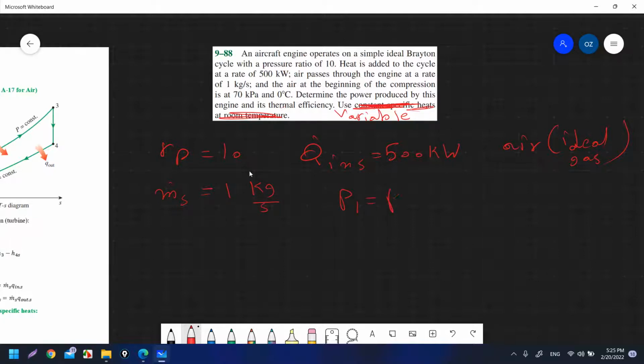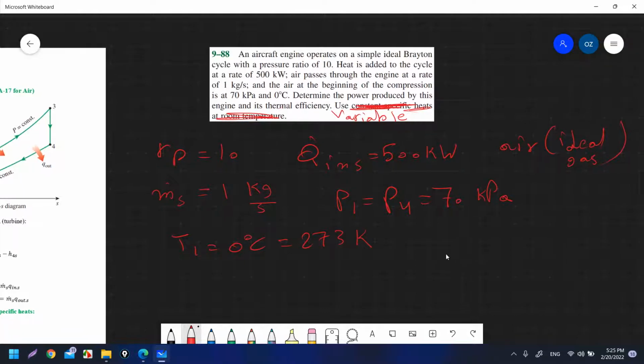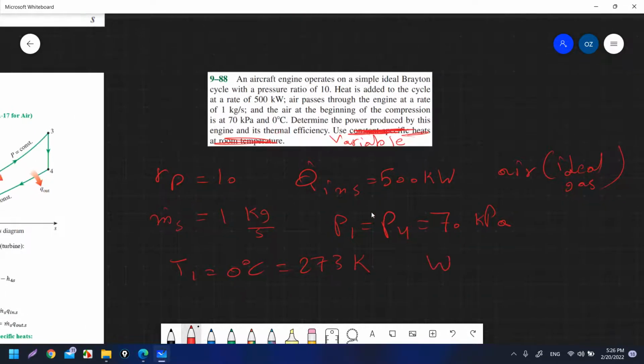P1, which is equal to P4, is equal to 70 kilopascal, and I have T1 is equal to 0 degrees Celsius, and in Kelvin it is 273 Kelvin. Okay, the same thing, I want to find W net and also the thermal efficiency for the ideal Brayton cycle.